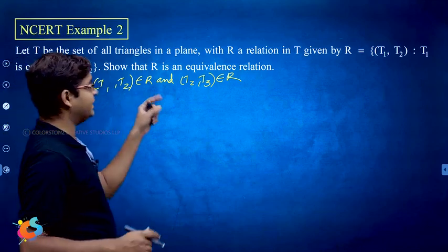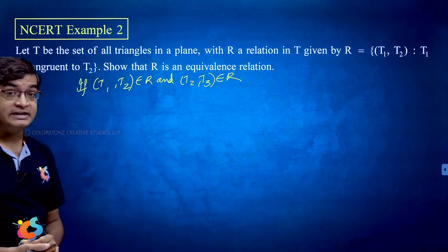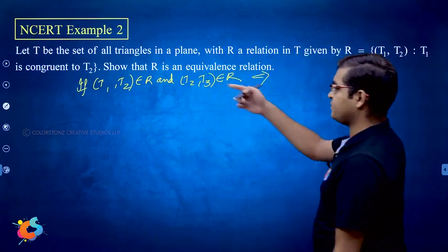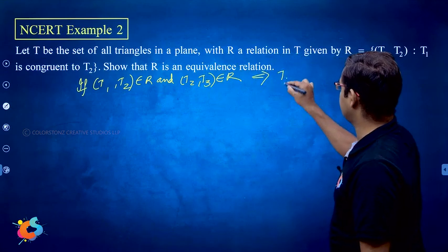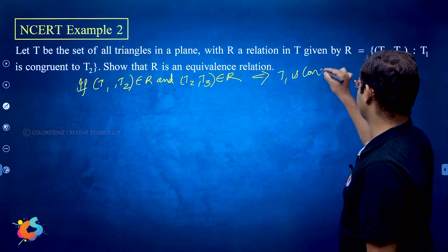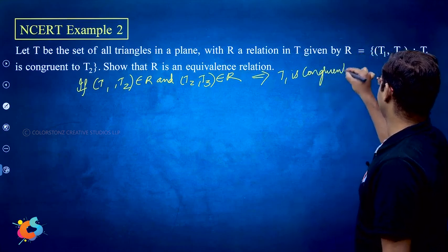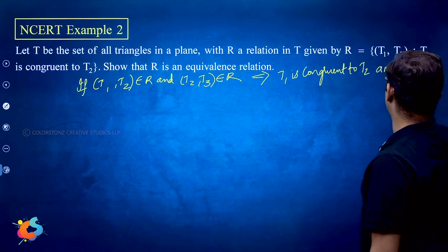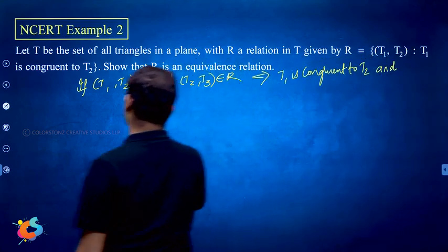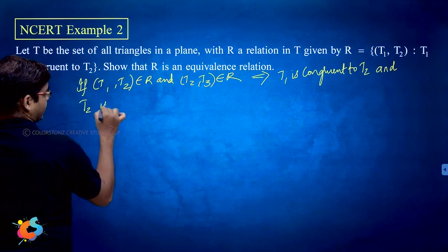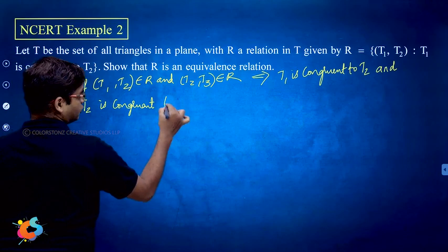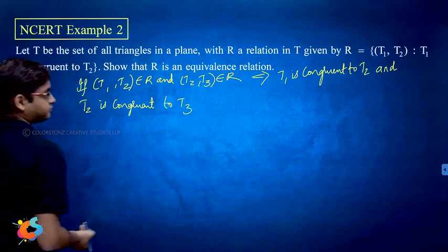So if T1 comma T2 belongs to R and T2 comma T3 belongs to R, then implies, what is the meaning of this? Implies T1 is congruent to T2 and T2 is congruent to T3.